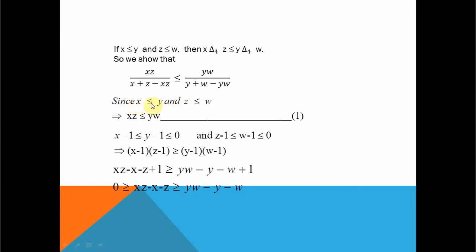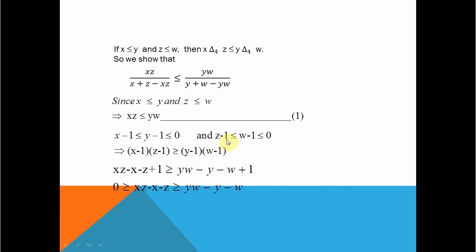Similarly, x less than or equal to y means that x minus 1 is also less than or equal to y minus 1, and z minus 1 is less than or equal to w minus 1, and both will be negative. Here x, y, z and w are fuzzy numbers. If we multiply these two expressions, we get x minus 1 into z minus 1 is greater than or equal to y minus 1 into w minus 1.